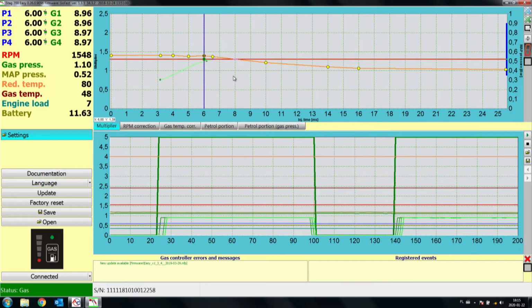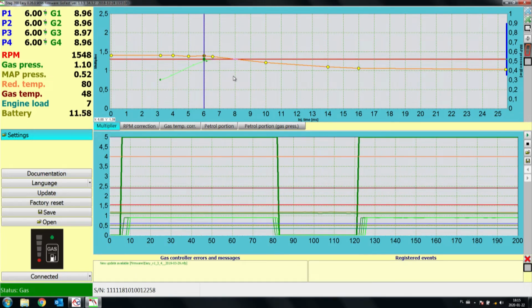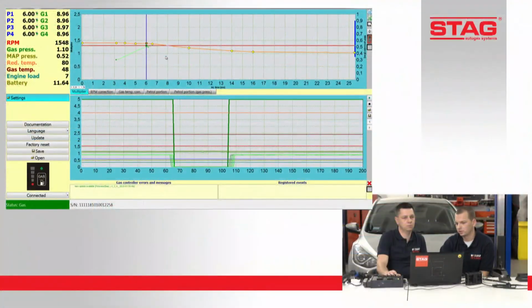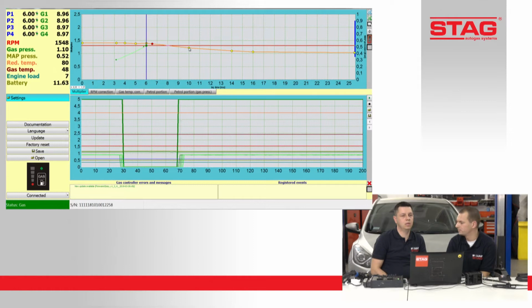And we do this process on each dot and each load of the engine. Of course, if you have time, you want to set the mixture on the gas exactly like on petrol. You can easily add more points on the multiplier line, right? You can, for example, set the multiplier line every 1 millisecond.